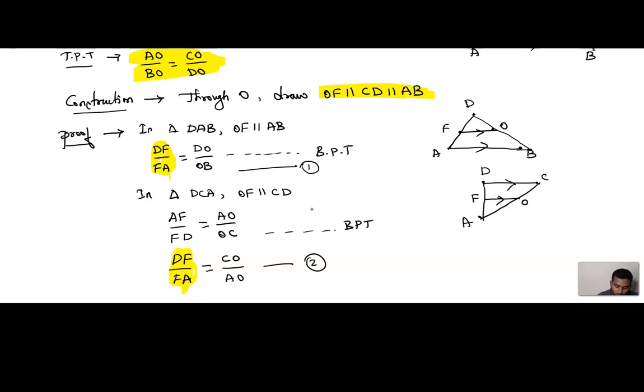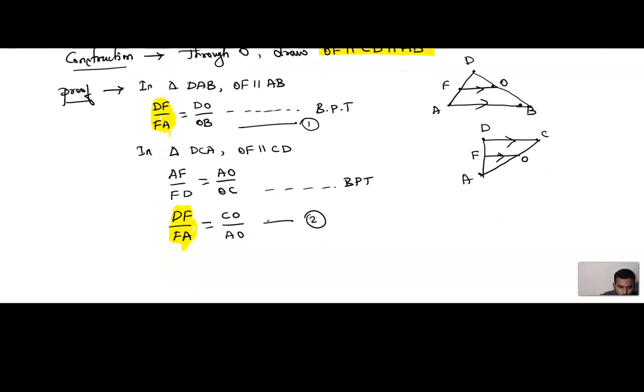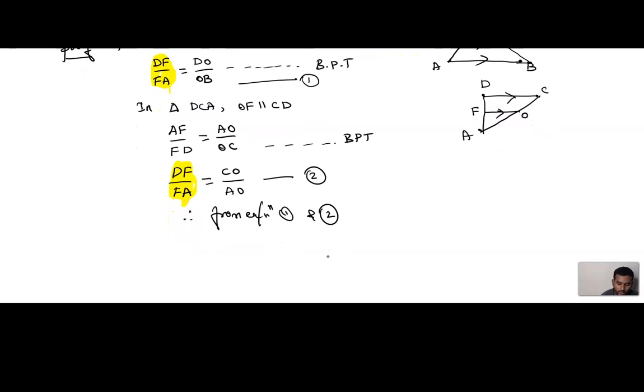Now let me solve. Therefore, from equation 1 and 2, what did we get? You can see DF by FA is common, so DO by OB, which can be written as BO, is equal to CO by AO.